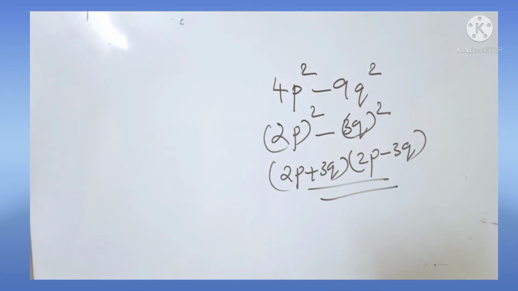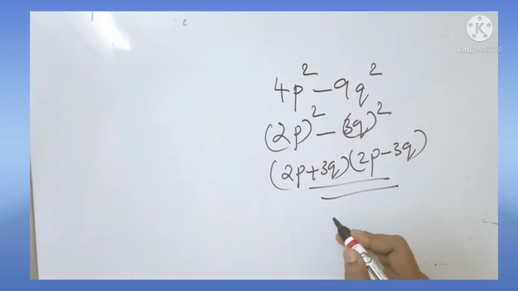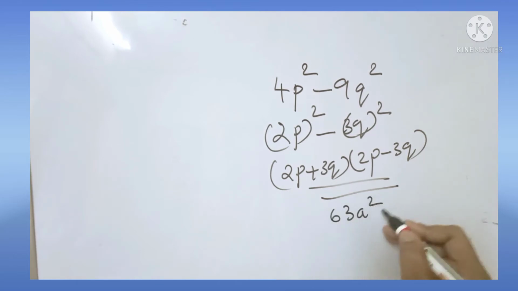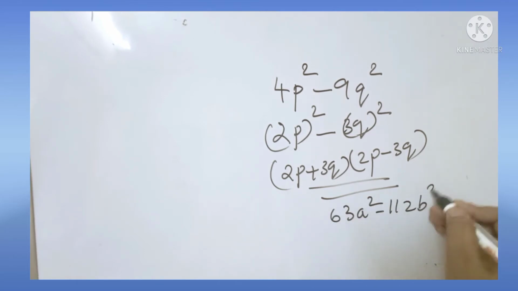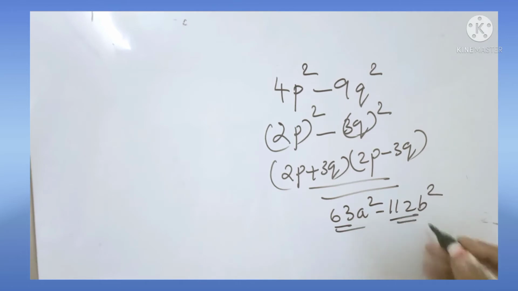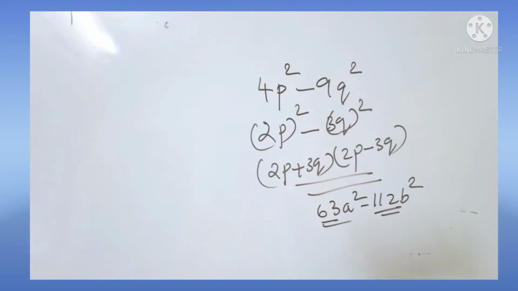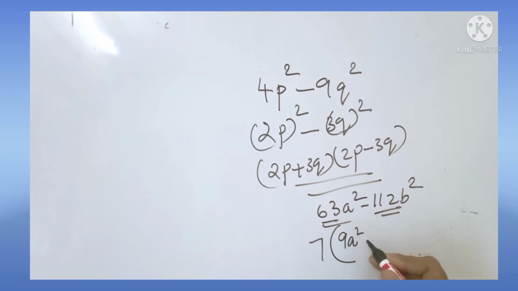The next one is 63a square minus 112b square. Since 63 and 112 are not square numbers, we can take a number which is common in 63 and 112. So is it 7? Yes. So let us take 7 outside. Then what is it? 9 sevens are 63. So it is 9a square minus 112 by 7.